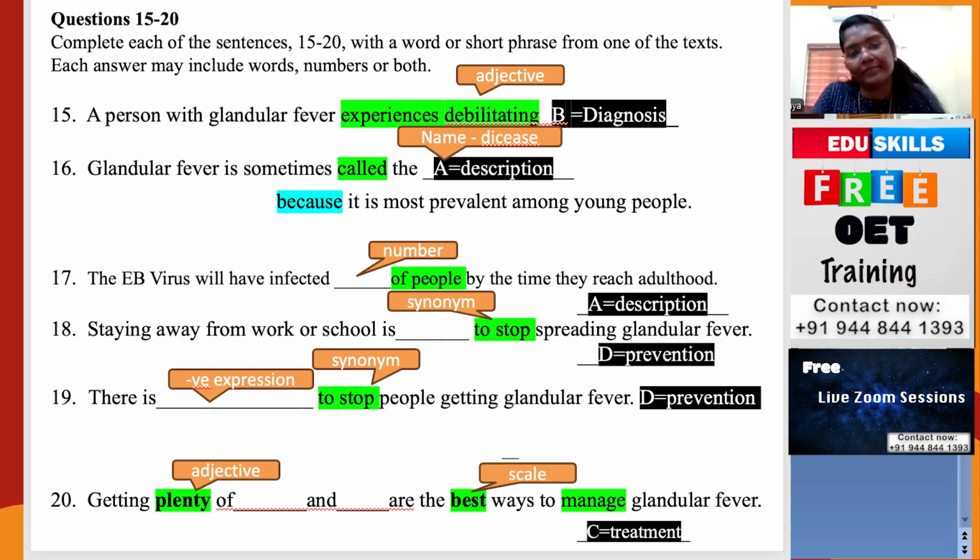Next, the 15th question: a person with glandular fever experiences debilitating dash. Then the 16th one: glandular fever is sometimes called the dash.